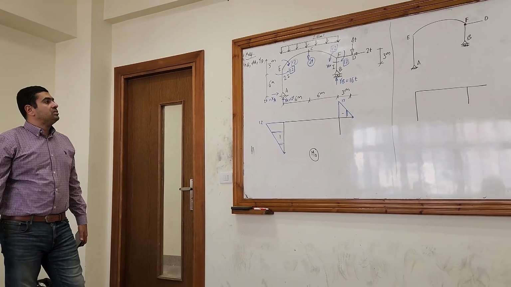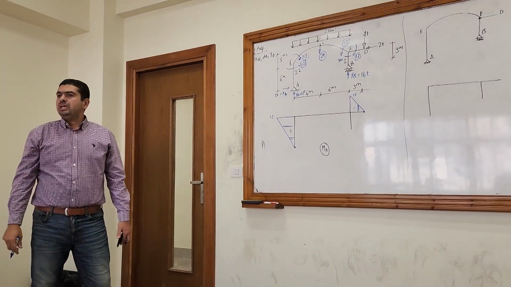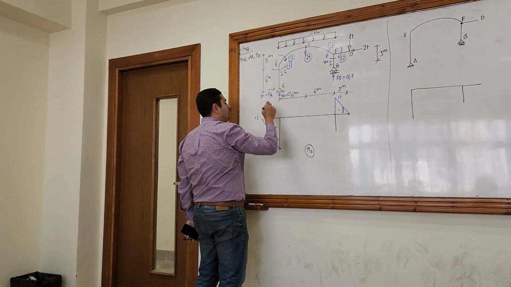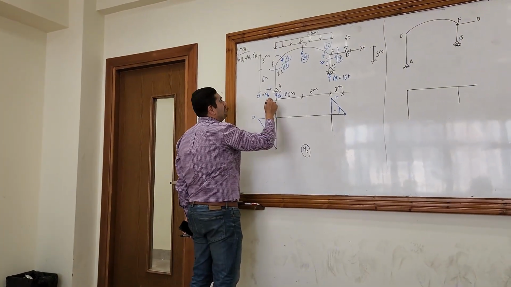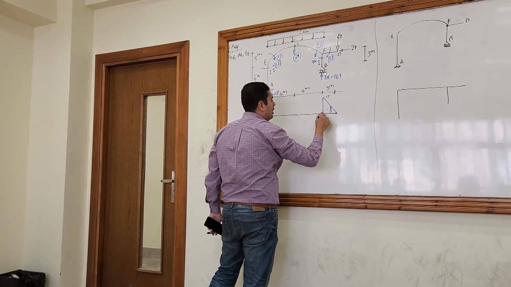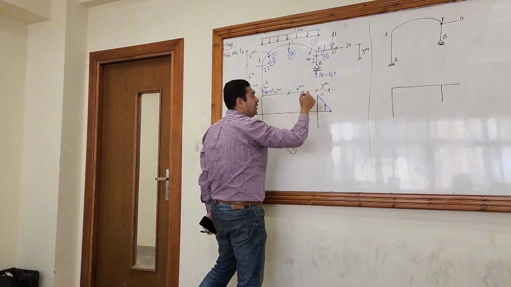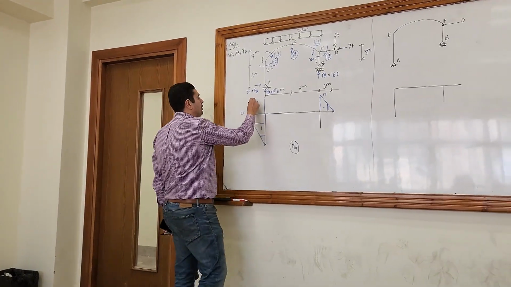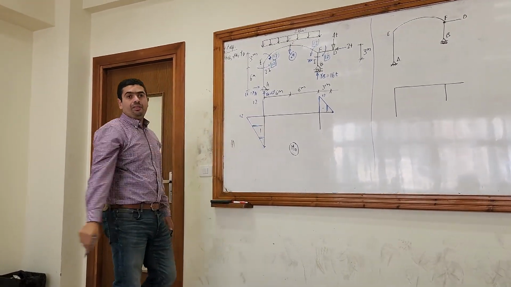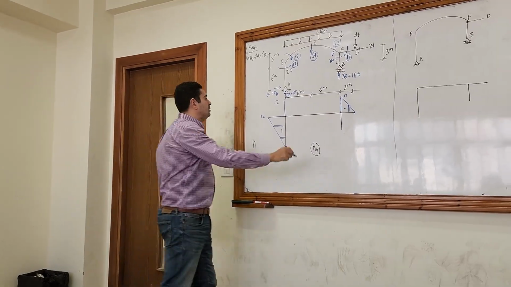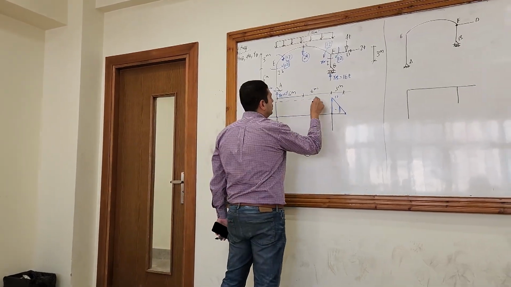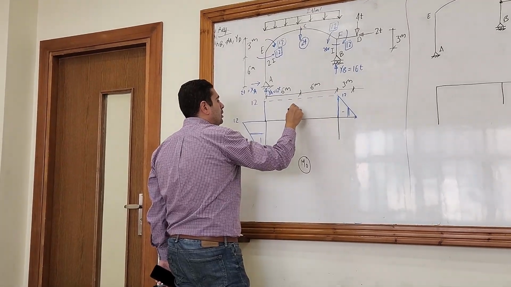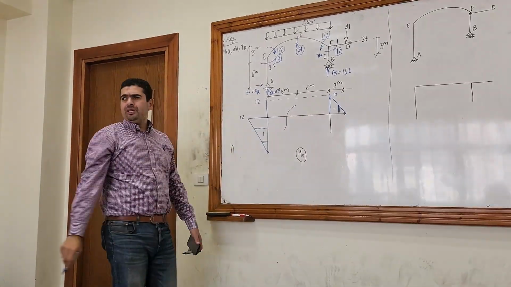What about the last member, which is the arch, the EF? The moment at E is 12 upwards, and the moment at F is also 12 upwards, so it will be the same here, right? And then there's a distributed load, so we have to join the moment at the beginning of the distributed load with the moment at the end of the distributed load, and then we do PL square over 8?